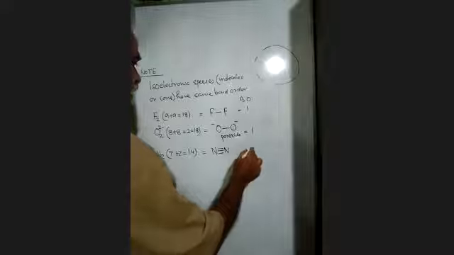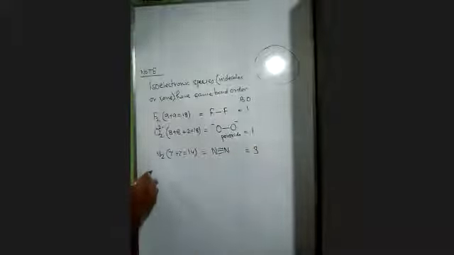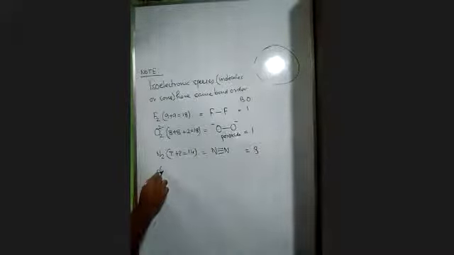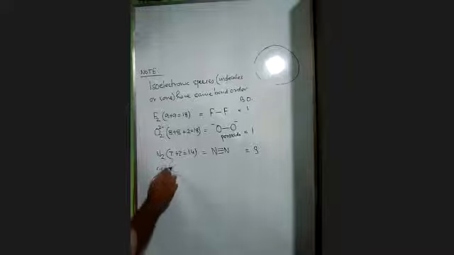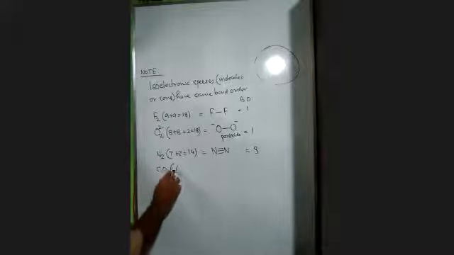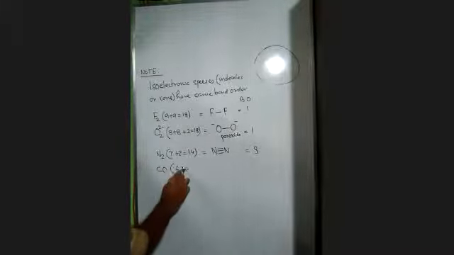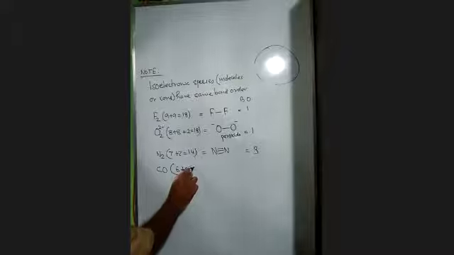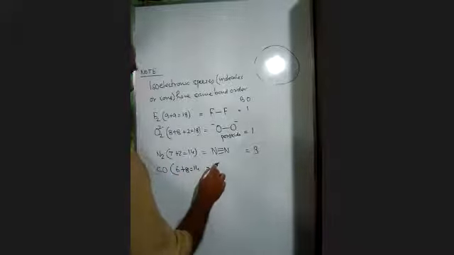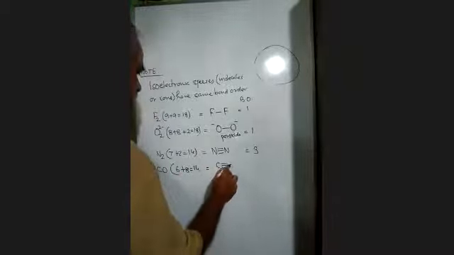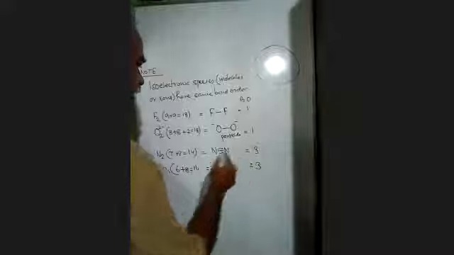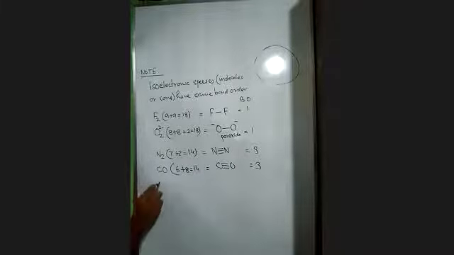What is its bond order? 3. Then let me come to carbon monoxide. Carbon's atomic number is 6 and oxygen is 8, so it is 14. How does it look? Bond order 3.